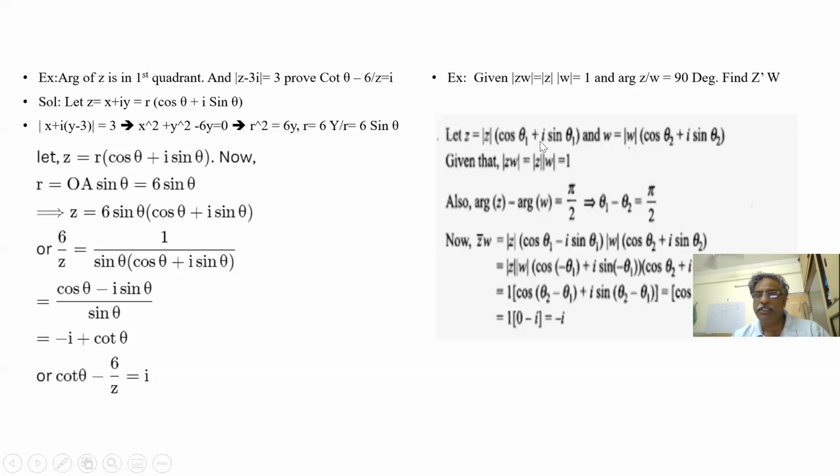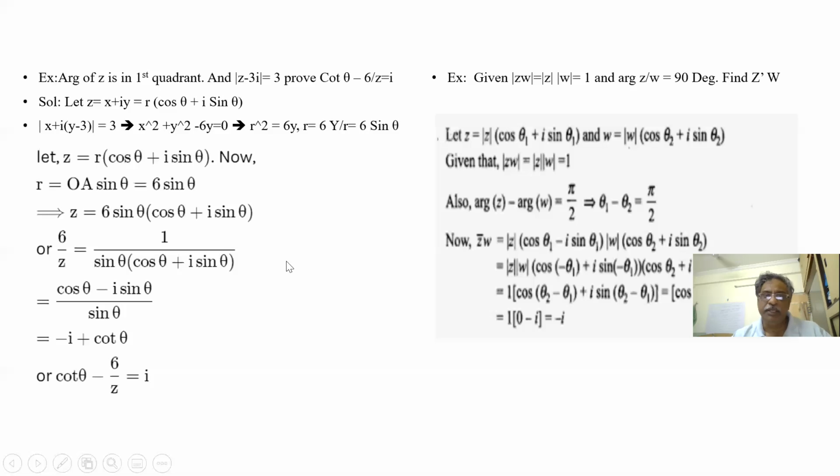Z bar is cos theta 1 minus i sin theta 1 into W. When I simplify, I am getting 1 into cos theta 2 minus cos theta 1 plus i into sin theta 2 minus sin theta 1. Because we know theta 1 minus theta 2 is pi by 2, this is 0, cos 90 is 0, and this becomes minus i. So Z bar into W is minus i.